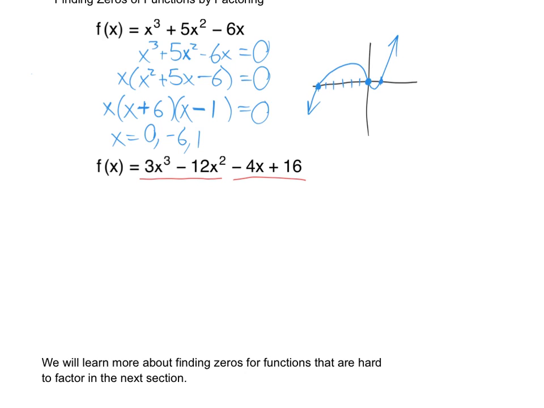The only way you couldn't group this is to put the x cubed with the 16. But since I've got it here in this order already, what would be our common factor with 3x cubed and 12x squared? 3x squared. Yeah, there's a 3x squared in common, and that leaves an x minus 4 in the parentheses, right?